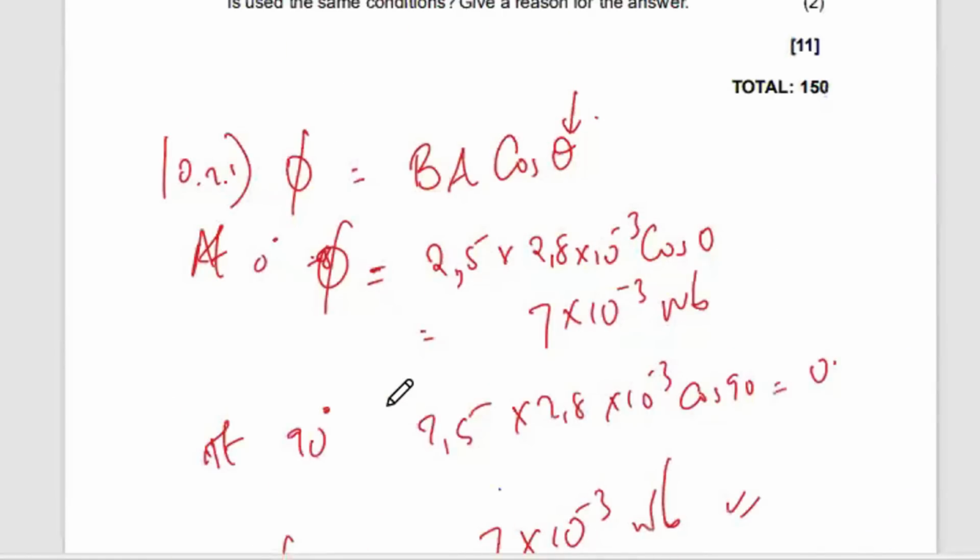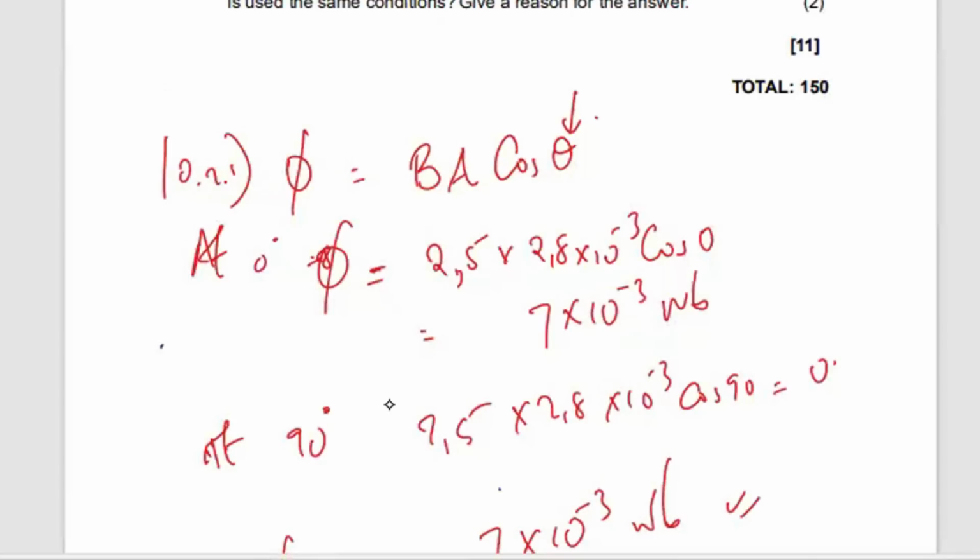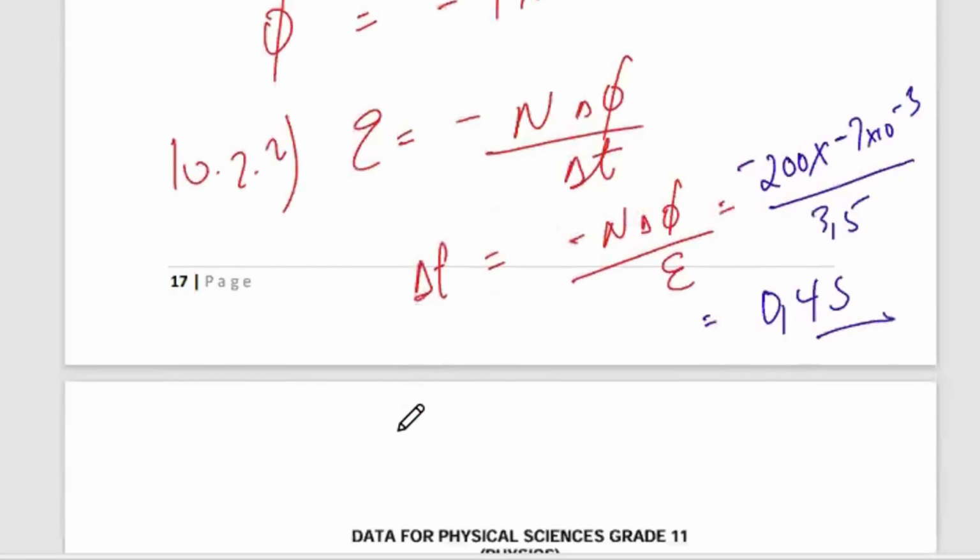Then 10.3. By what factor will the induced EMF change if a coil with 100 windings is used? From the formula of EMF, the induced EMF is directly proportional to the number of turns.